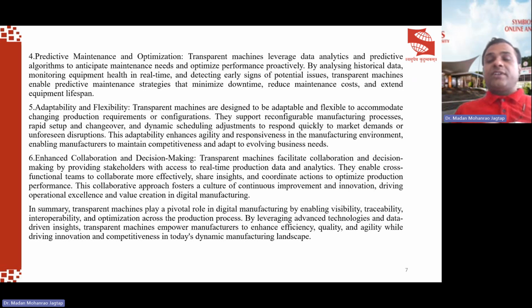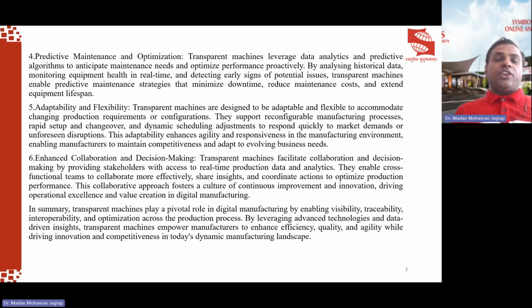Transparent machines enable cross-functional teams to collaborate more effectively, share insights and coordinate actions to optimize production performance. This collaborative approach fosters a culture of continuous improvement and innovation, driving operational excellence and value creation in digital manufacturing.